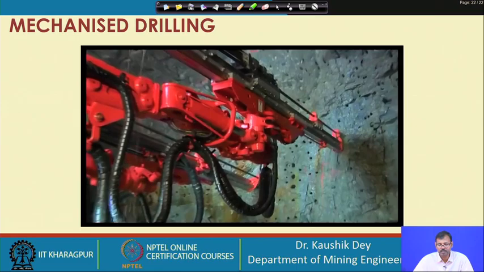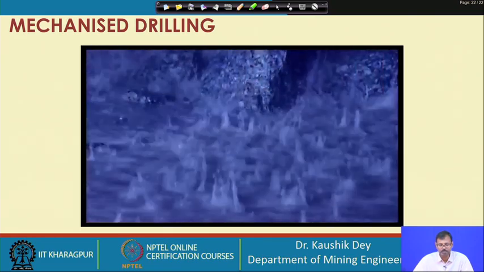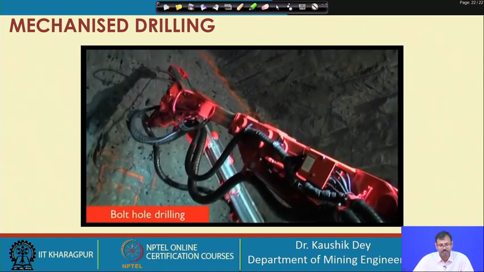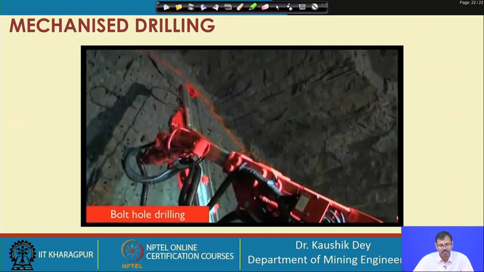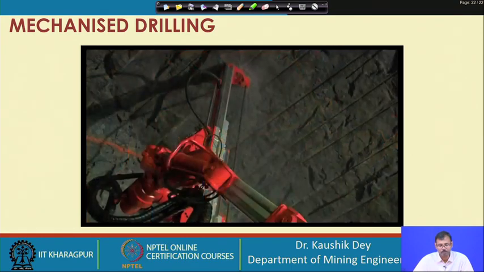So simultaneously 2 holes can be drilled, and as it is mechanically operated, the drilling length may be more. As the machine is computerized and hydraulically controlled, the angle can be monitored by the operator and the proper angle can be given.